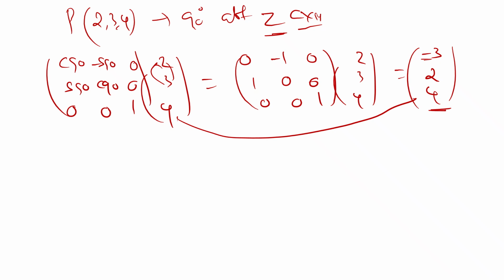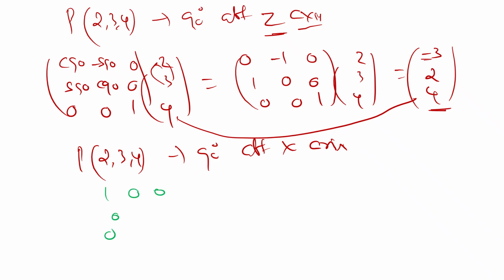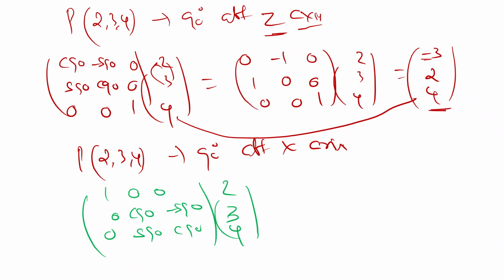This is how we can do any transformation. Now similarly, you can take the same 2, 3, 4 and rotate it 90 degrees about the x-axis. So what is that? X-axis means 1, 0, 0; 0, cos 90, minus sin 90; 0, sin 90, cos 90, and the point is 2, 3, 4. So 1, 0, 0; 0, cos 90 is 0, minus sin 90 is minus 1; 0, sin 90 is 1, cos 90 is 0.